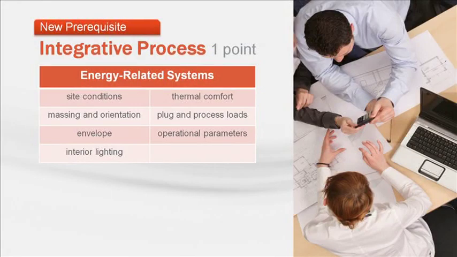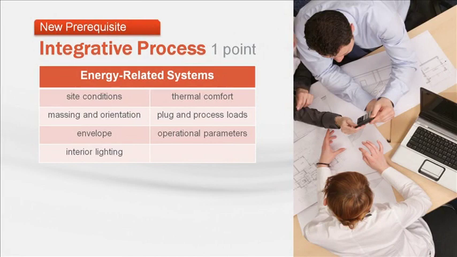The biggest difference is that project teams must perform preliminary analysis before the completion of schematic design that explores how to reduce both water and energy loads while also accomplishing the related sustainability goals. Let's look at energy first. Project teams will be required to assess at least 2 of the energy systems shown here.